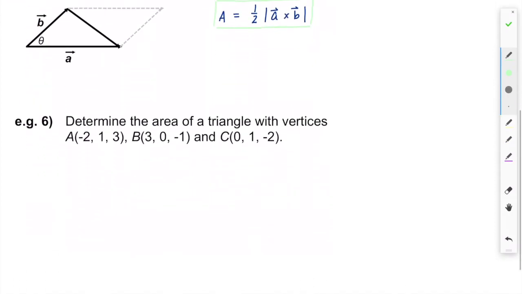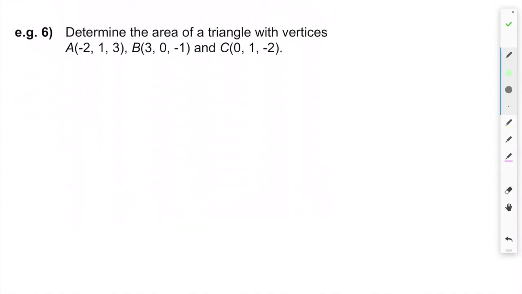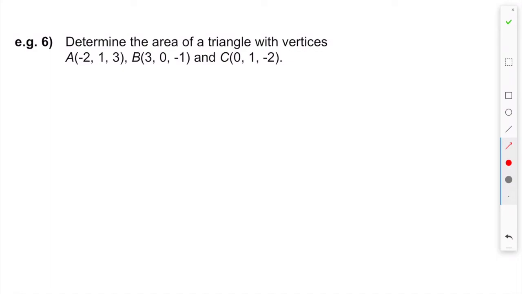So example 6, determine the area of a triangle with the vertices A, B, and C given. We don't have to put these points in 3D space, but what will be useful is that we can just sketch out a vector diagram.